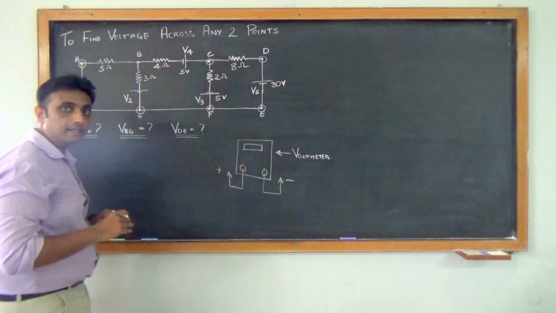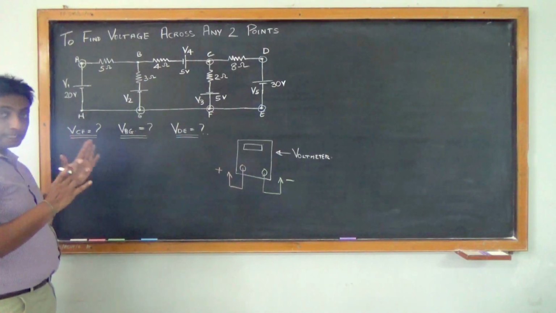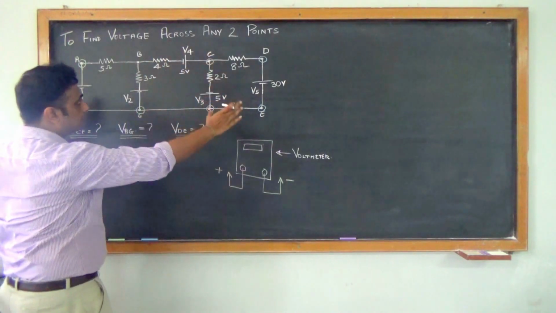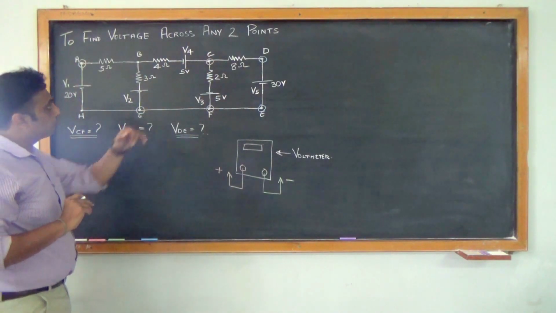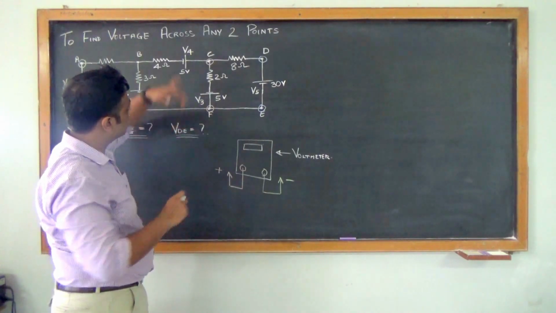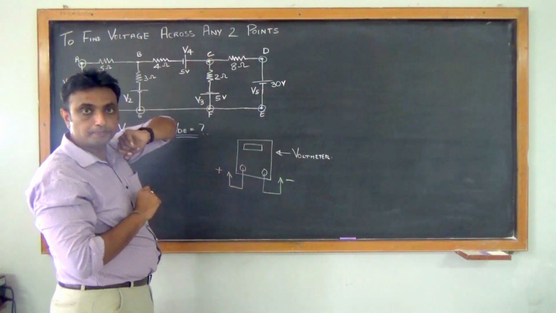Now practically, if we want to find out the voltage, what do we do is, if we have a circuit like this and we want to find out the voltage across this resistor and this voltage source of 5 volts, the 2 points will be here.